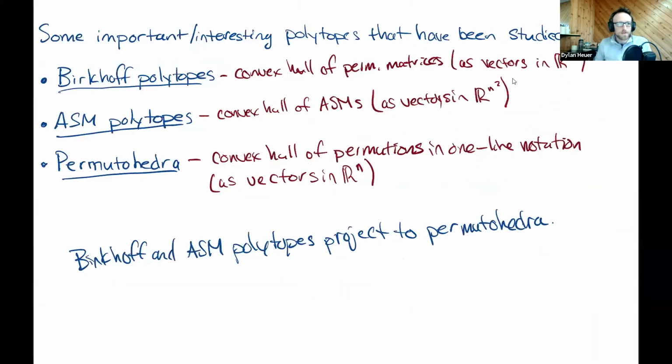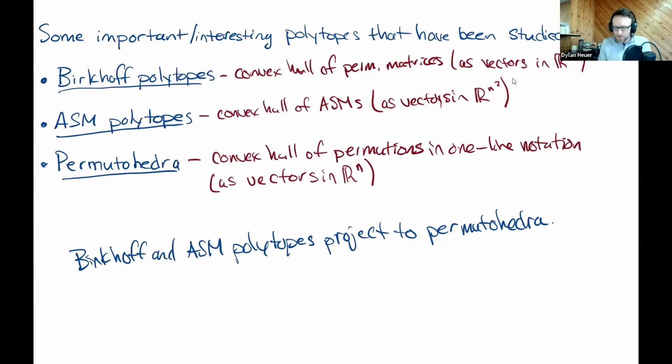Some important or interesting polytopes that we may already know a lot about would be the Birkhoff polytope, which is the convex hull of regular old permutation matrices. Then the Permutohedra is the convex hull of the one-line notations of those vertices, or you can think of it as the one skeleton of the actual polytope.